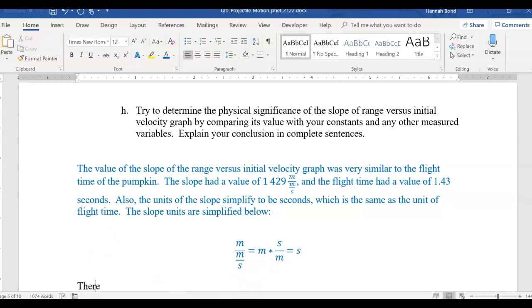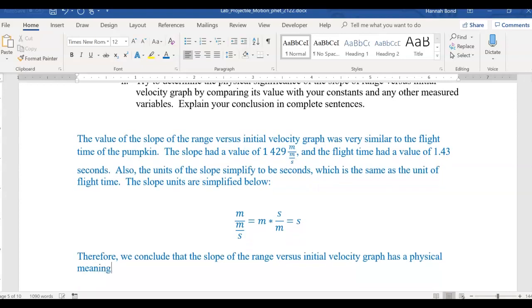So, therefore, we conclude that the slope of the range versus initial velocity graph has a physical meaning, which is the flight time.